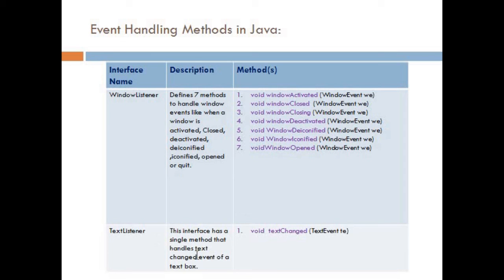So whenever any text inside a text box is changed, for that event this method gets executed, which is void textChanged. And in response to that event, a series of actions shall be executed by this method, because this method is prototyped inside the TextListener interface.